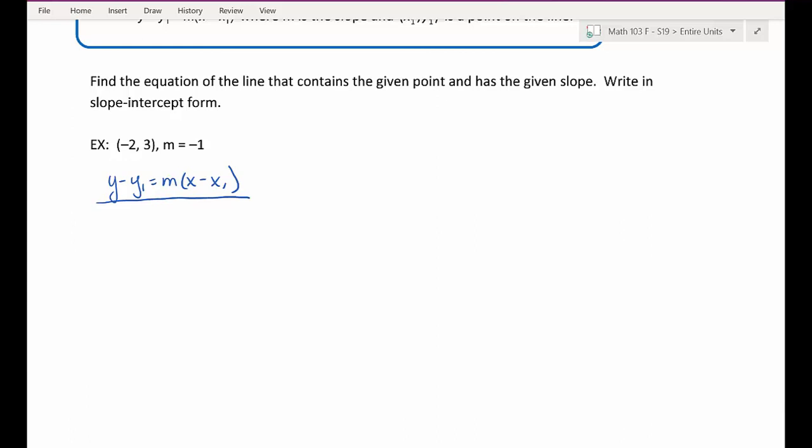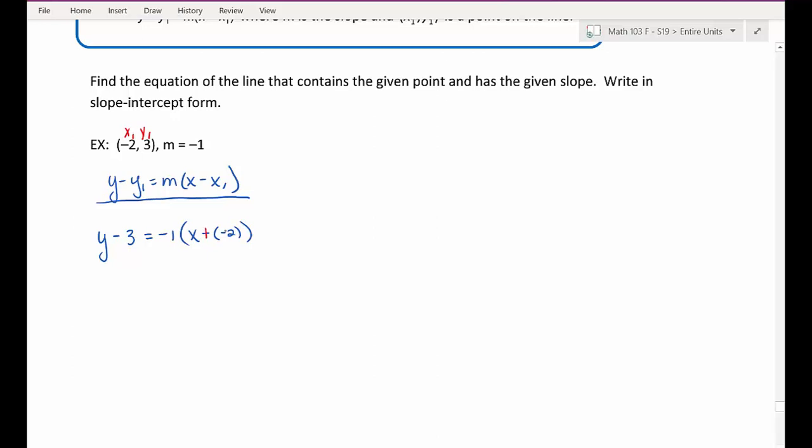I always start by identifying the x1, the y1, and the m that I'm going to be plugging into this formula. Plugging in, we get y minus 3 equals negative 1 times the quantity x minus a negative 2. We want to clean this up.